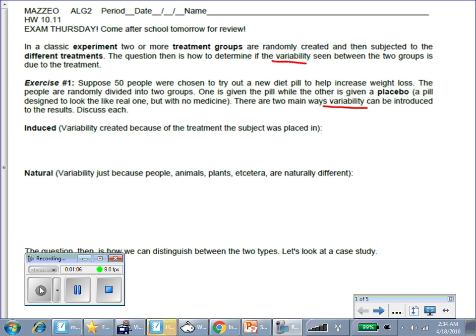Okay, so there's two different ways variability can come up. One is induced variability and the other is natural variability. So we've talked about this. This is actually one of the first lessons we did within the statistics unit. So let's just recap what we came up with here.